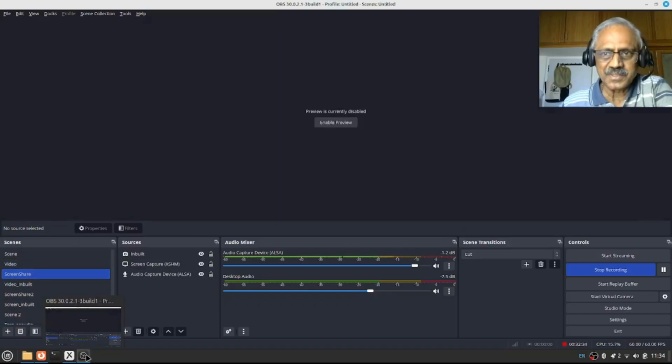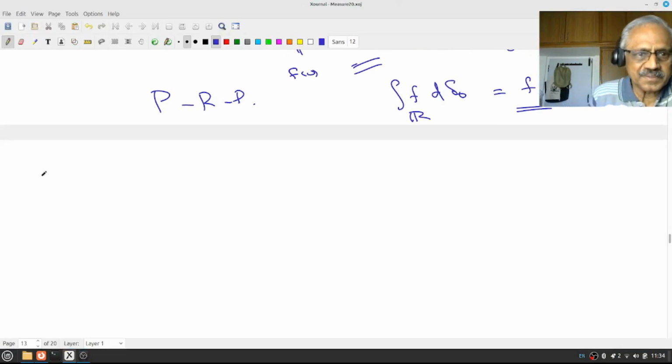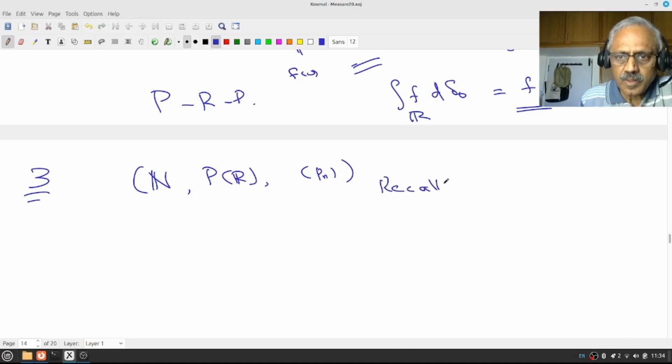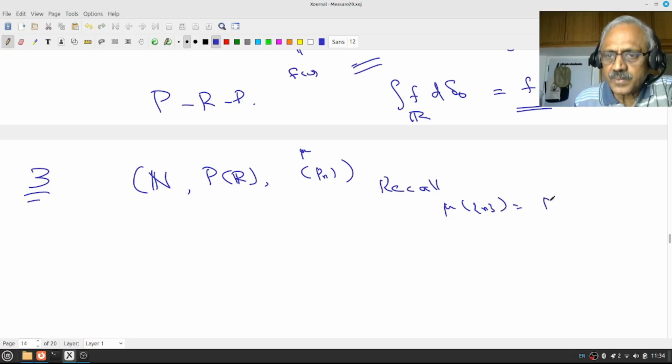Third application actually. Application 3. Now let's look at our counting measure on N, P of N, and let us assume counting measure with weights p. To recall, what does it mean? If we call this mu, then mu at the singleton n is pn, where pn is non-negative.